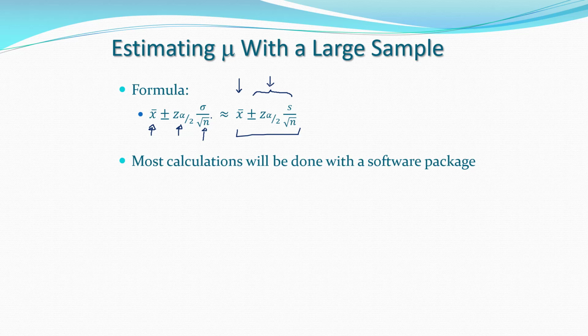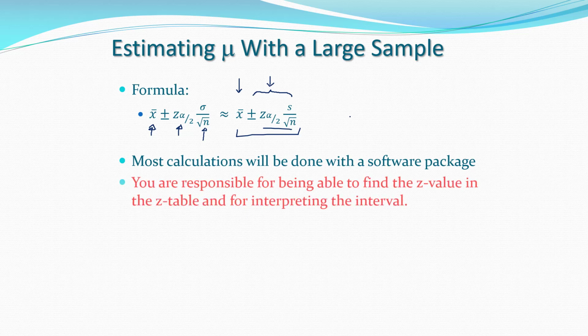You're going to say, I want 95%. It's going to give you the 1.96 times S over the square root of n. It gives you this whole piece. And so you've got a little math to do. You're going to have to take the X bar value and add that piece, and take the X bar value and subtract that piece. But that'll give you the confidence interval endpoints. So finding the endpoints to the confidence interval is relatively straightforward with the software that we're going to use.